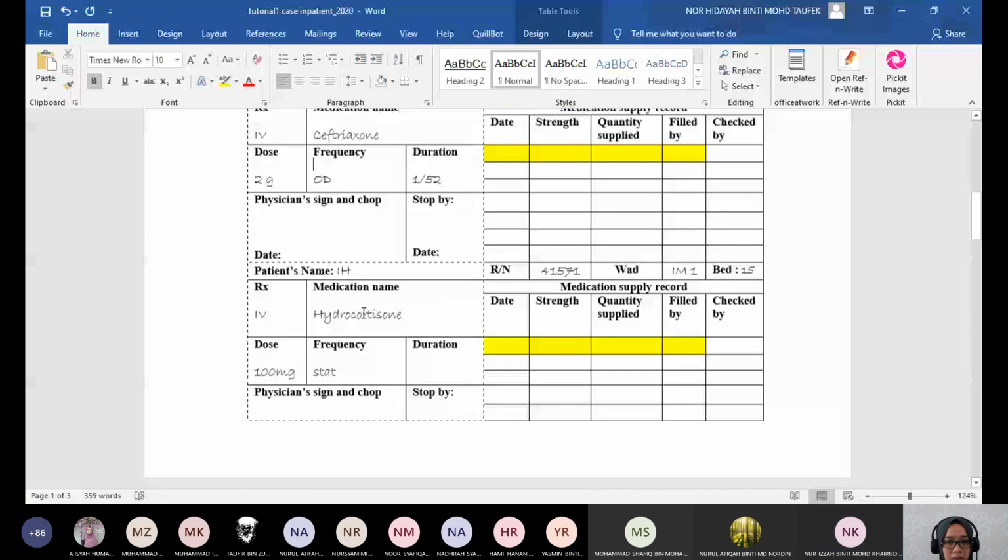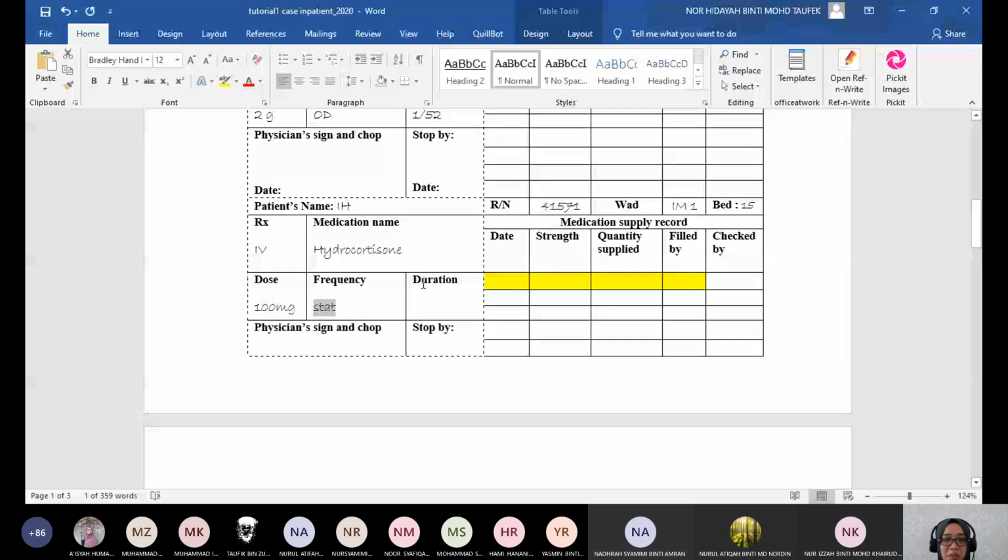So stat here, what is the meaning of stat? Immediately. So usually it has been given to the patient in the ward. So usually you don't need to supply. But if you want to supply, usually one dose only.